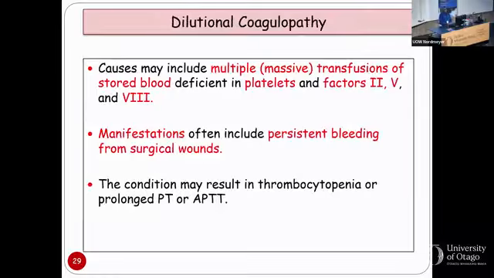Dilutional coagulopathy is a scenario that is described when somebody has received massive blood transfusion. The word massive can be misleading because it's used relative to your total blood volume. You have like 5 liters.